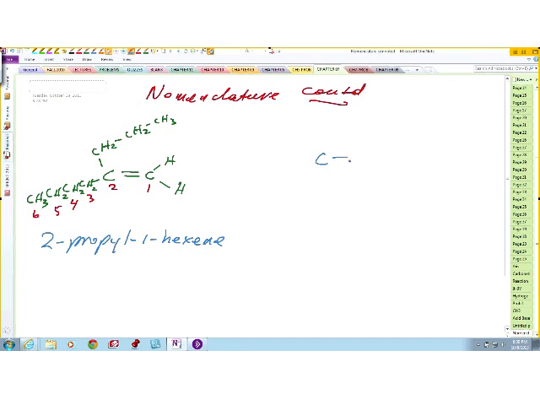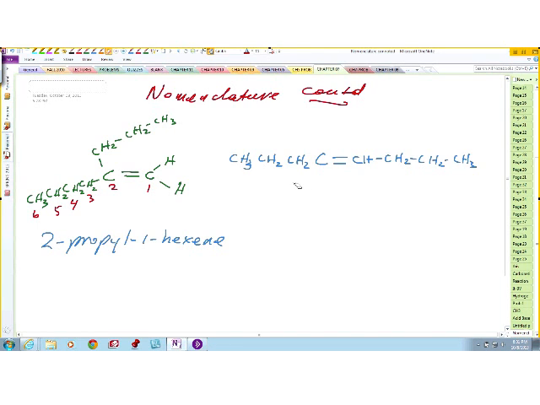Now supposing we have this. What would be the name of this? Longest carbon chain is 8, right?